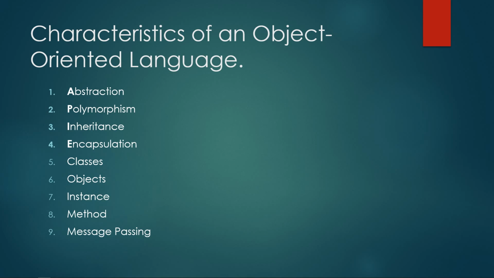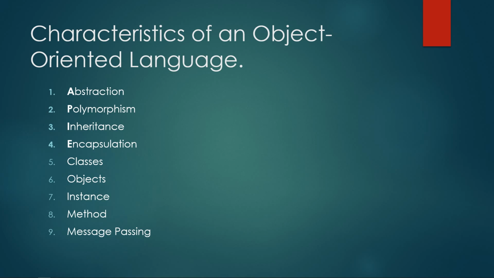Then the next one, polymorphism. Polymorphism means the ability to take multiple forms. For example, we can assign the object dog to the parent class of animal. The reason is animal can take many forms. Then the third characteristic, inheritance.